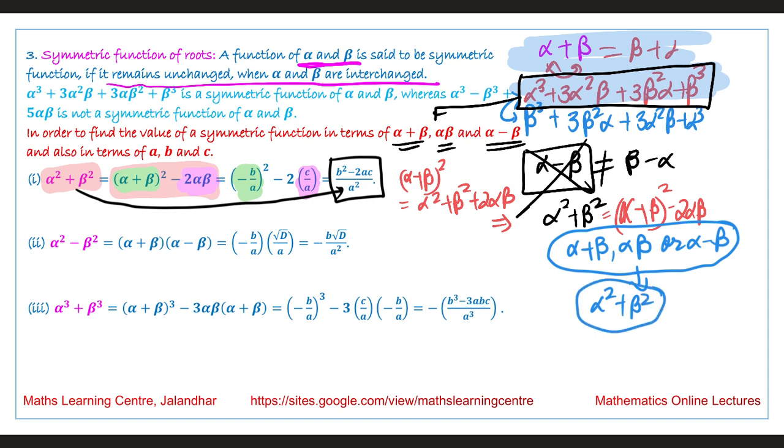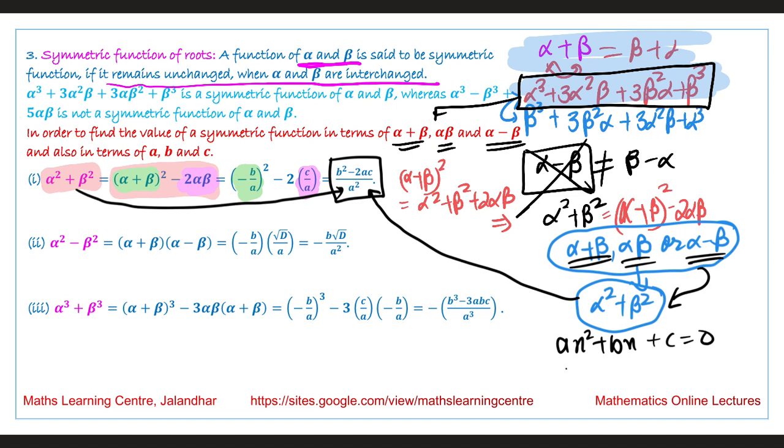So we are saying that without calculating the value of alpha and beta, we can calculate the value of alpha square plus beta square, and for that we have to use this formula. Suppose an equation is given, ax square plus bx plus c is equal to 0, a is not equal to 0, and we have to calculate the value of alpha square plus beta square.